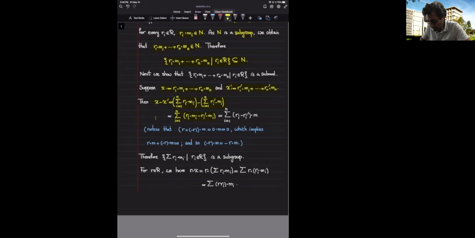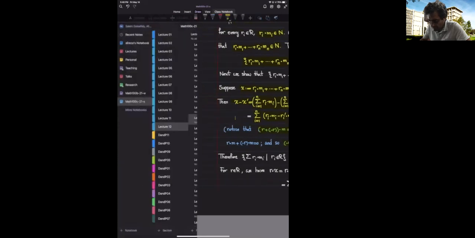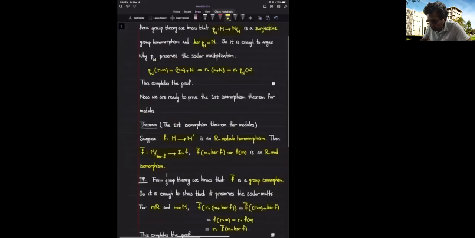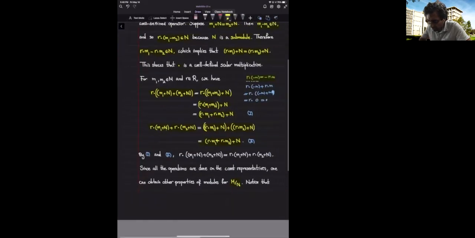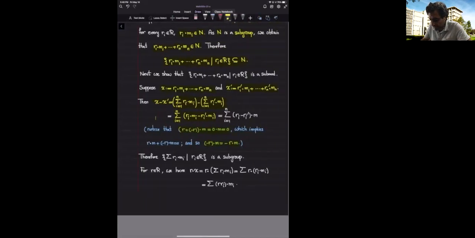Remember, with this type of argument, we showed that negative r times m is negative of r times m, and that r times negative m is negative of r times m.